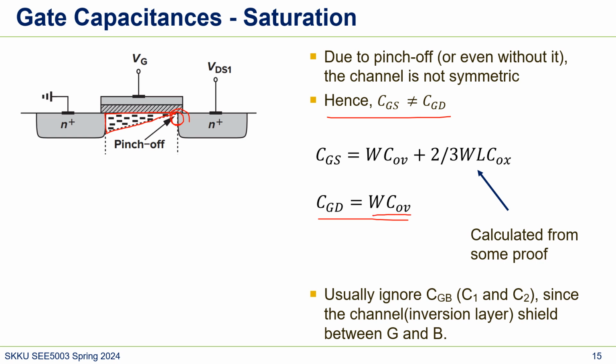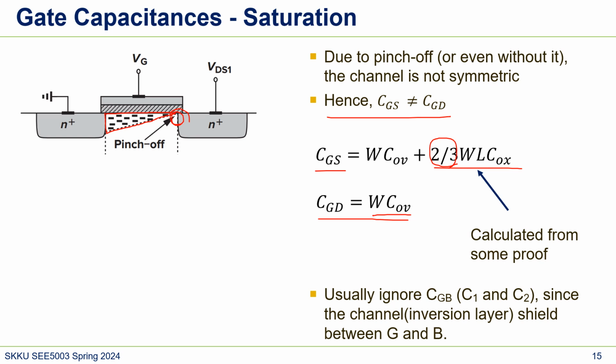So it's only this overlap capacitance. And CGS takes the gate channel capacitance, but not fully. It takes just 2/3 of the capacitance. There's some proof, some calculation, but let's just accept it.